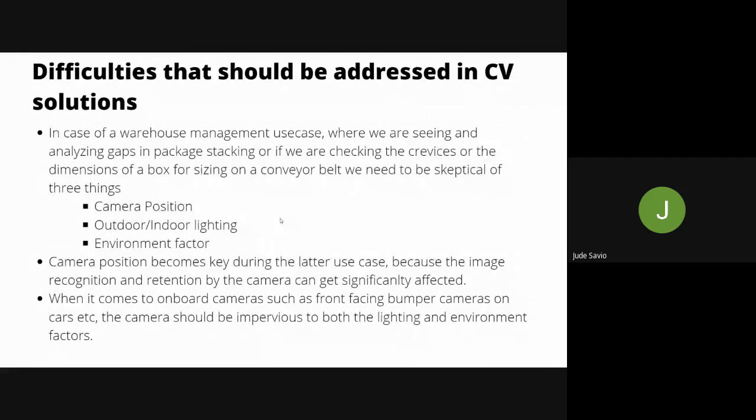You place the camera somewhere, it should be able to see all those packages that are coming in. It should be able to analyze based upon the initial survey, and it should have better image recognition, and it should also have better retention. You cannot intentionally slow your conveyor belt just for the camera to pick up the item. The camera should be as fast as time wants it to be. So that is how it should be positioned.